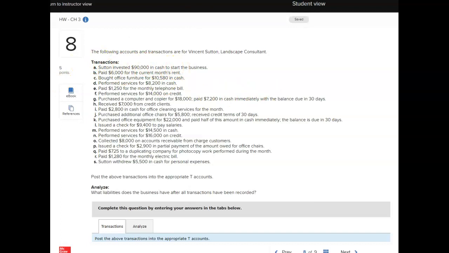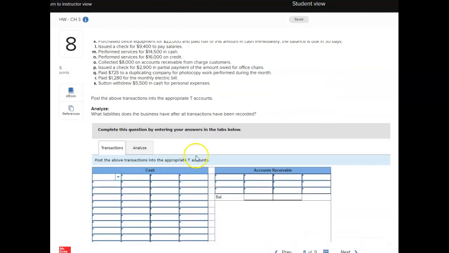So we need to debit cash for $90,000. Debits on the left. And be sure to use the drop-down box to indicate that this debit came from transaction A.